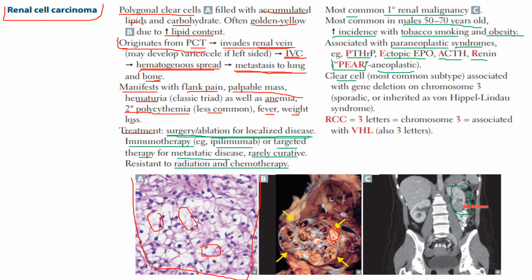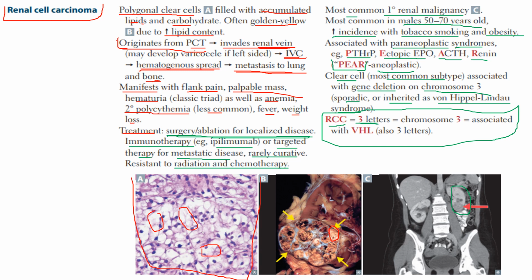Clear cell is the most common subtype, associated with gene deletion on chromosome 3, which is sporadic or inherited as von Hippel-Lindau syndrome. You can remember it by the three letters in RCC, renal cell carcinoma, which has 3 letters.